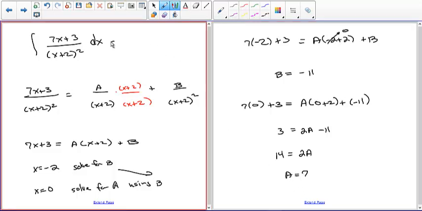Okay, so basically what we have now is the integral of, well, a is 7, so we're going to have 7 times the integral of 1 over x plus 2 dx. And then we'll have b, which is -11.